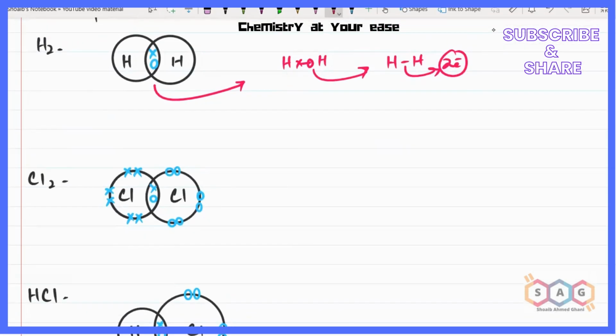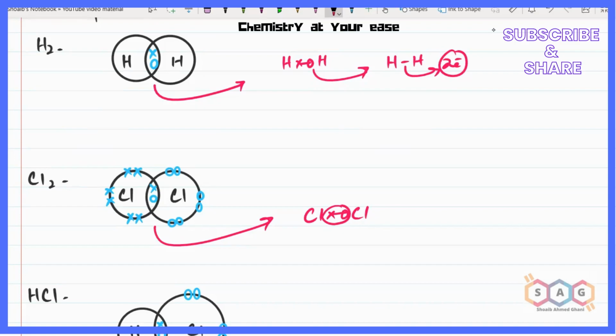Now for chlorine. In the chlorine molecule, one chlorine atom shares one electron, and another chlorine atom shares one electron, so they make a single covalent bond between them. By sharing these electrons, their octet requirement is complete.